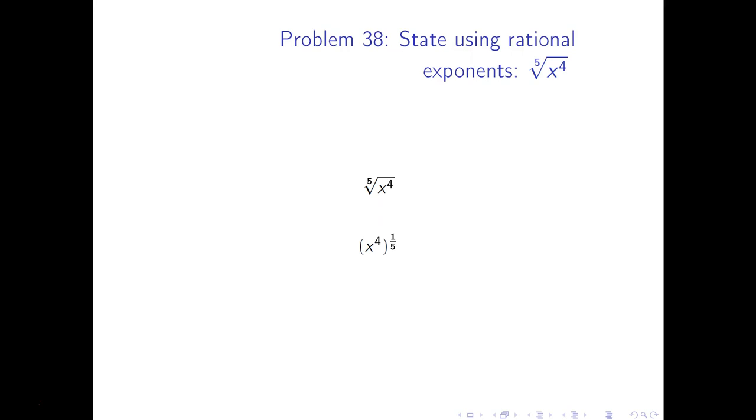We talked about that in 8.1, 8.2. Now, what do I do with the exponents when I have an exponent on the outside and an exponent on the inside? Well, we can multiply them. So x to the 4/5. That's it. That's all this problem's asking, so don't get bogged down thinking it's much more complex.